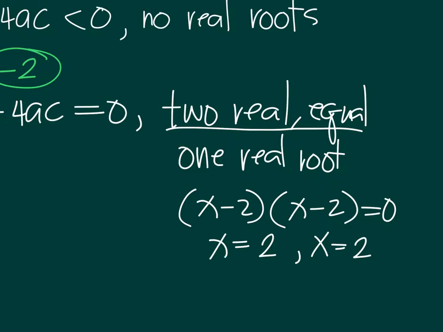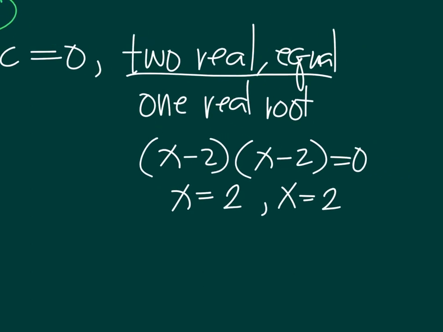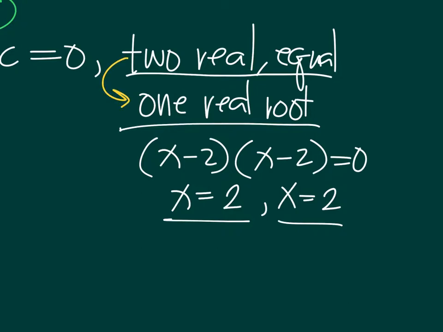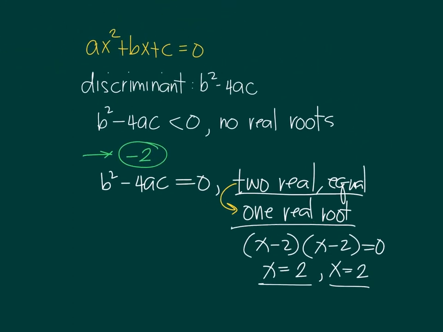We don't need to say two real equal. Sometimes we can just say it's just one real root because they're the same. So two real and equal roots is synonymous to saying you have one real root.